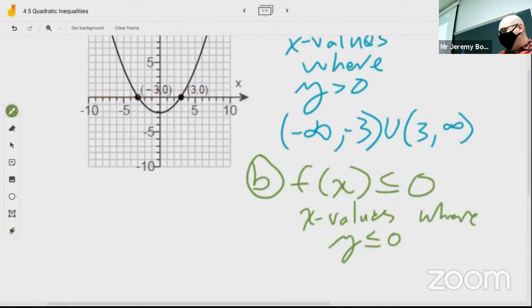So that's going to be, give me a paintbrush, from here to here, including those x-intercepts. So the interval is going to be from there to there. And so what interval is that?